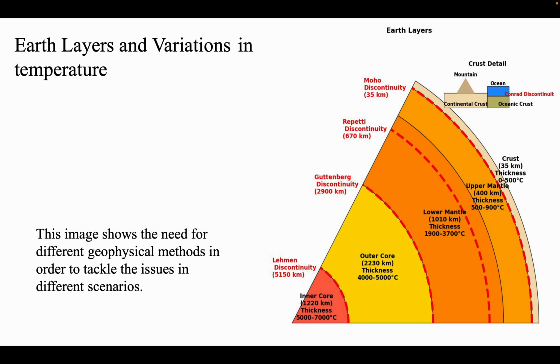Then we have the Gutenberg discontinuity which lies at the boundary of the outer core and the lower mantle, and then we have the Lehmann discontinuity which lies at the boundary of the outer core and inner core. So to study all these layers we use seismology, which deals with the study of the subsurface of Earth using earthquake signals.